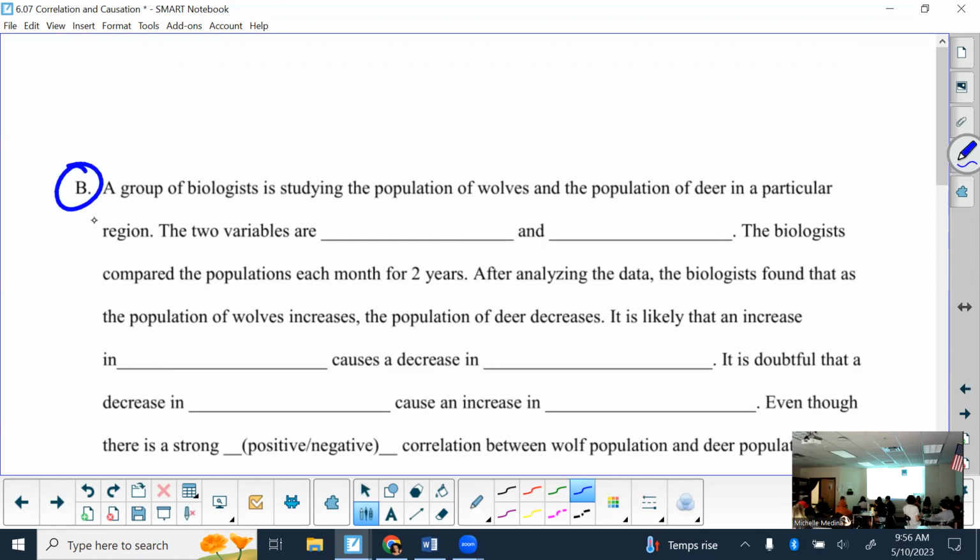One of the things we're comparing. So, wolf population. And then table 8, what's the other thing we're comparing? Deer population.